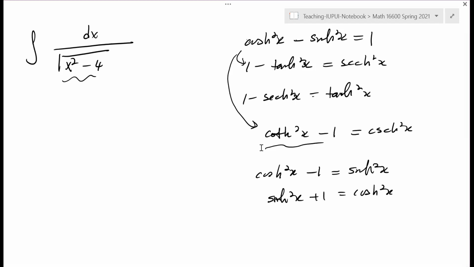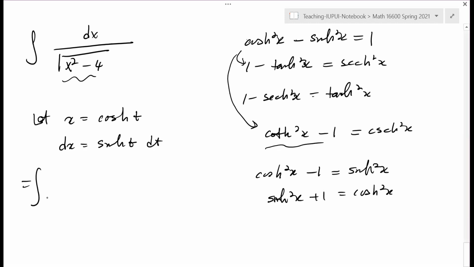So let's let x be 2 times hyperbolic cosine t. If I use that, then dx is going to be 2 hyperbolic sine t dt.